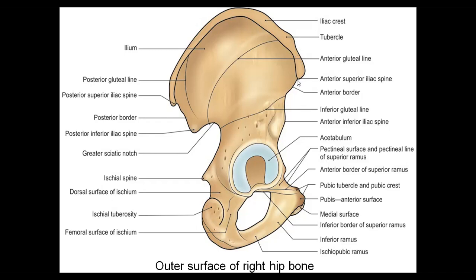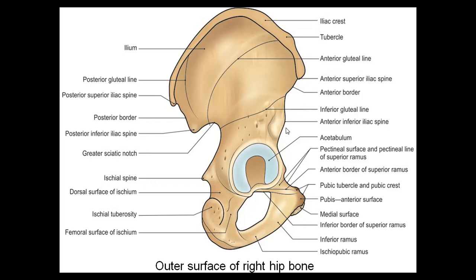Now we know the place where we have this pointed, thin bone is the pubis, right? Corresponding to the pubis, this is the anterior end of the ilium bone, and this is the posterior end. The pointed end of the ilium bone is the anterior superior iliac spine.